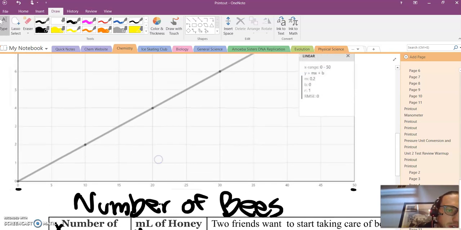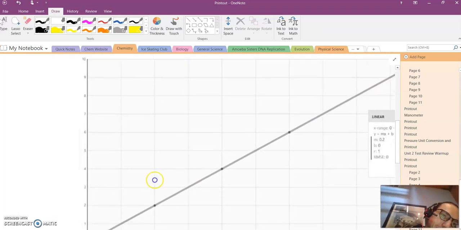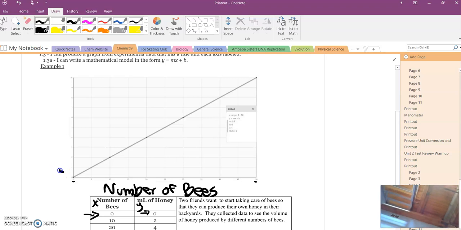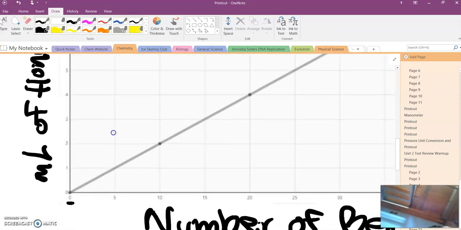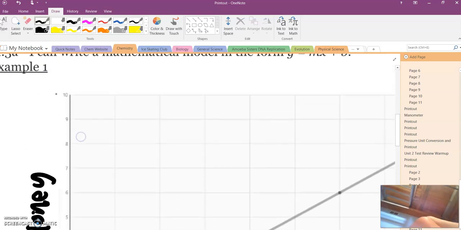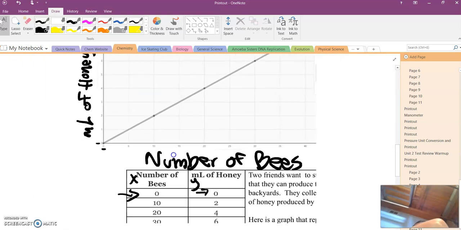So on the y-axis, you're going to write milliliters of honey. And just to double check, you see that there are numbers that start from 0. They go to 10, just like in the data table.